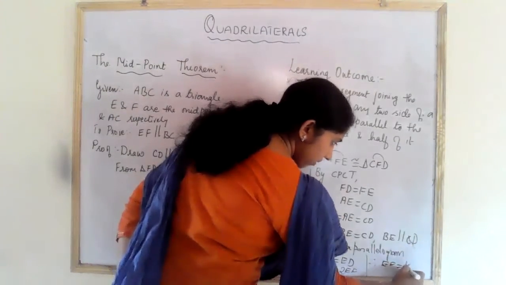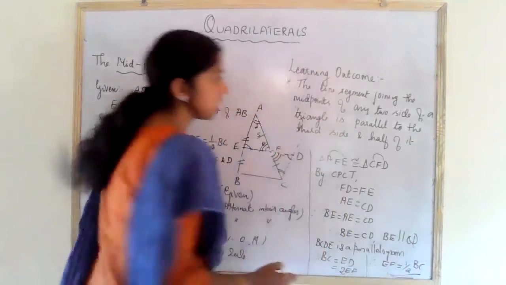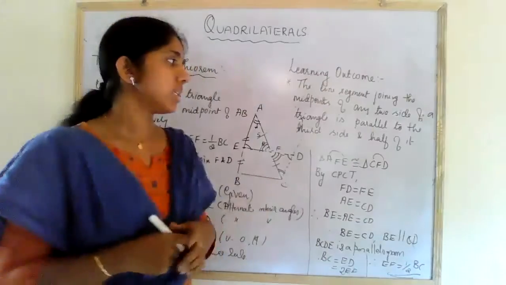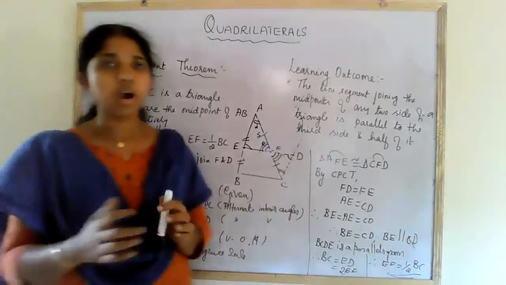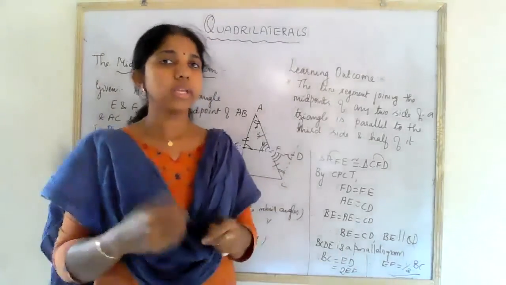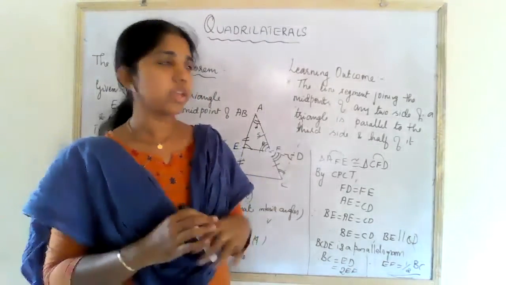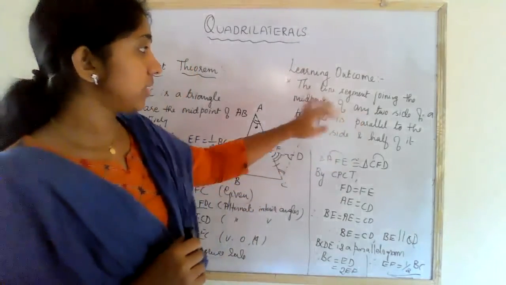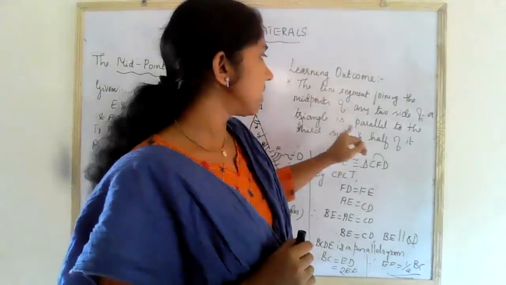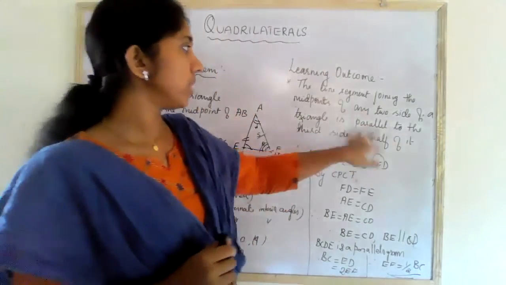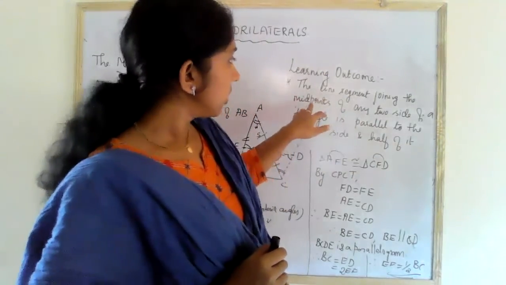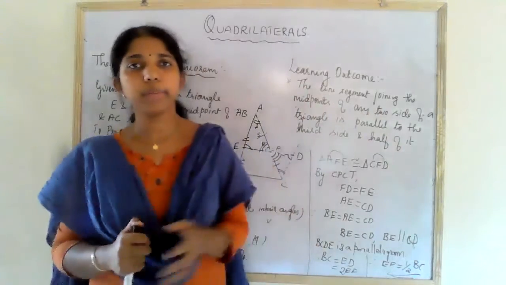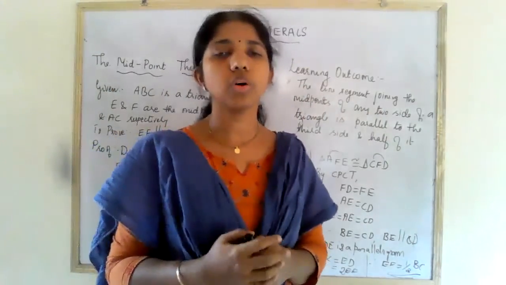That means the line segment joining the midpoints of any two sides of a triangle is parallel to the third side and half of it. We will also have a converse: if the line segment in a triangle is parallel to the third side and half of it, then the line segment joining two sides will be through the midpoints. So we have a converse of this theorem also.